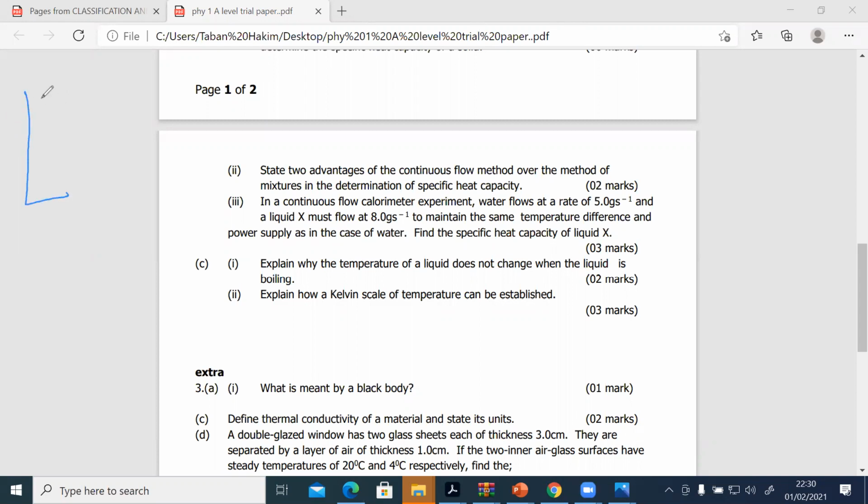We have the constant flow head tank here. We have the tap of water, and then this is down. Let me do it like this. So this is our tap bringing the water.